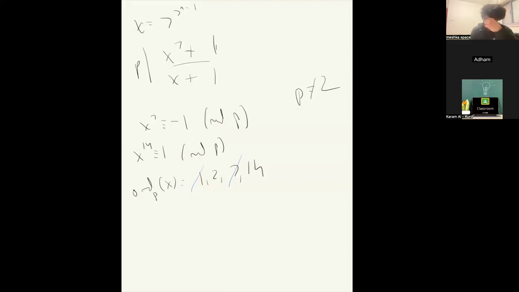Okay, so now between 2 and 14, can it be 2? Well, if it's 2, we get x is congruent to minus 1, because it's either 1 or minus 1, it's not 1, so it's minus 1.